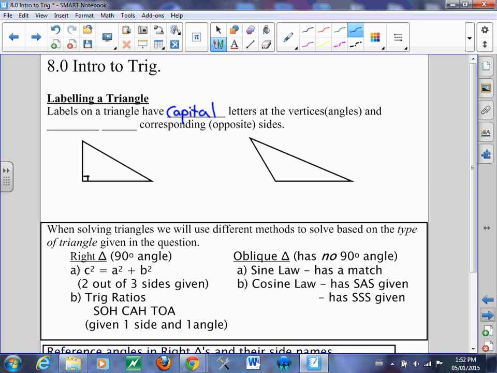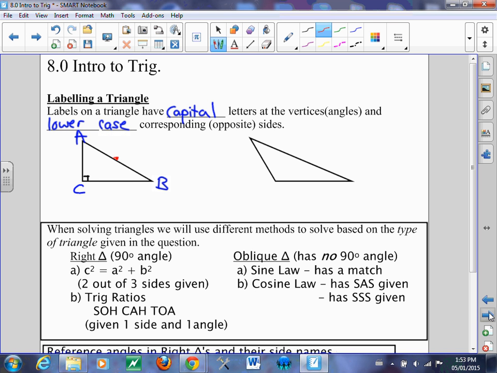Okay, so labels on a triangle have capital letters at the vertices or at the angle where the angles meet. Okay, on the angle ends, and lowercase corresponding opposite sides. Okay, so I want you to just stop and watch me for a second. If I label this triangle A, B, and C, okay, before in the past, folks, I would label this side right here where my red dot is, I'd label that AB.